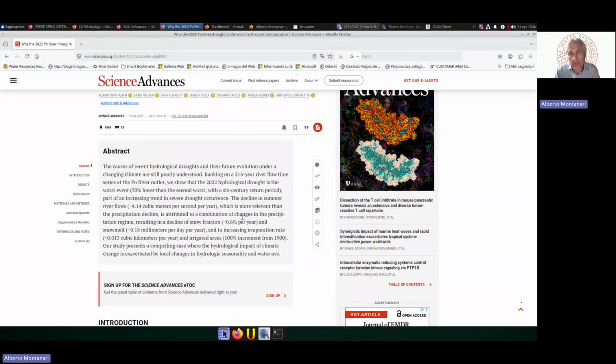Third sentence, it is providing more details on the results. The decline in summer river flows, let's skip the parentheses, again a technical detail, which is more relevant than the precipitation decline, is attributed to a combination of changes in the precipitation regime, resulting in a decline of snow fraction and snowmelt, and to increasing evaporation rate and irrigated areas.